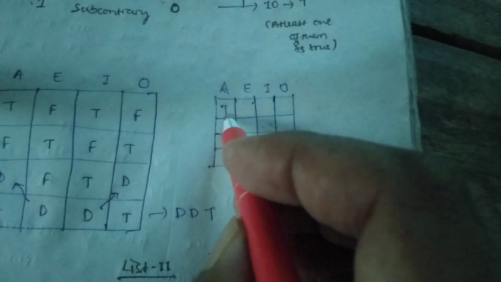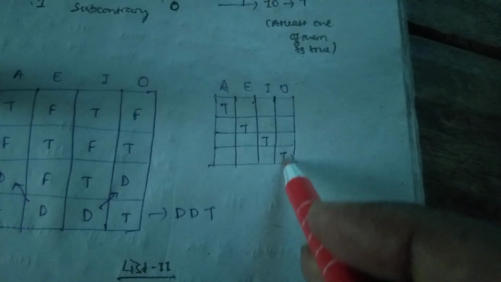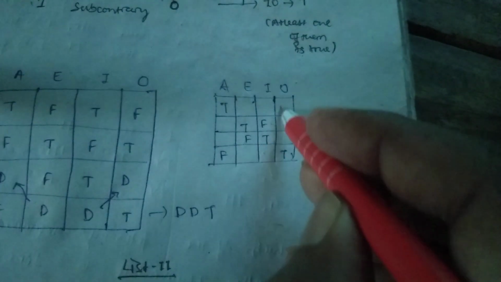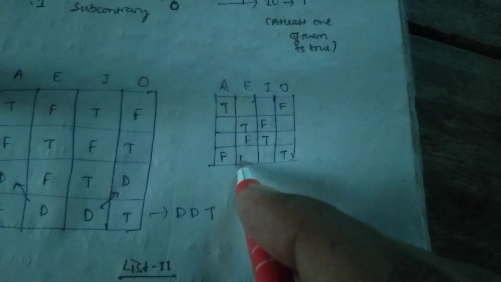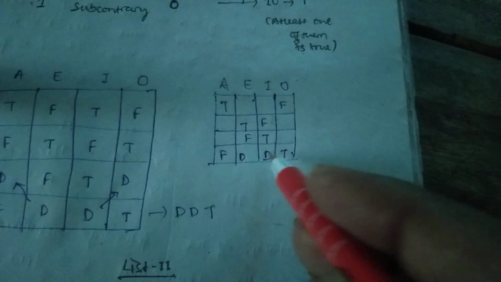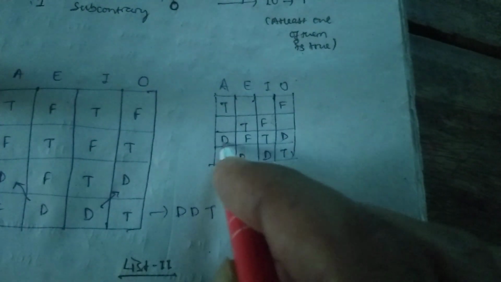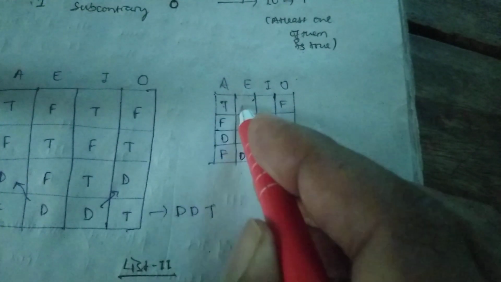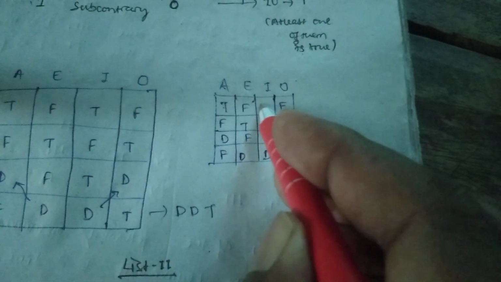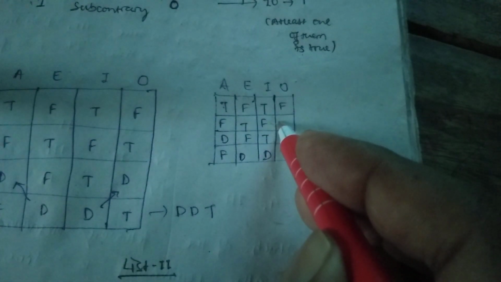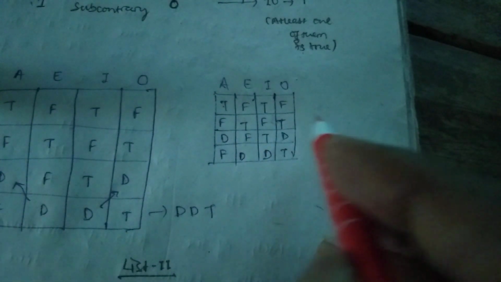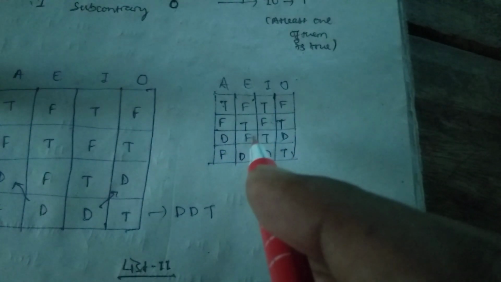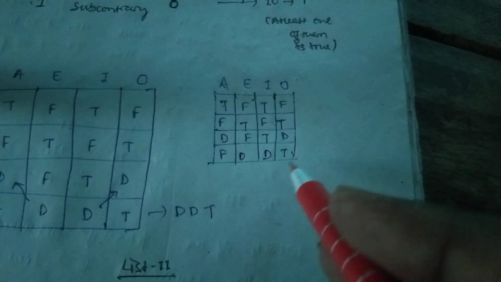This is T, T, T, and diagonally F, F, F, F. At the lower DT, D will go up, D will go up, and this will be filled with T, F, T, F, alternating T, F, T, F. In this way we will fill our square of opposition.